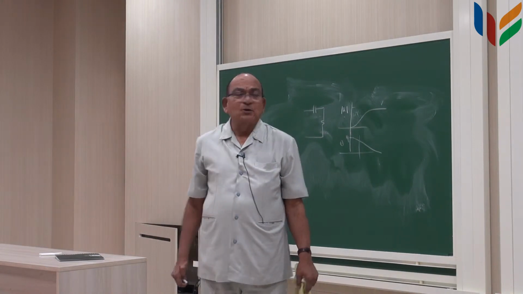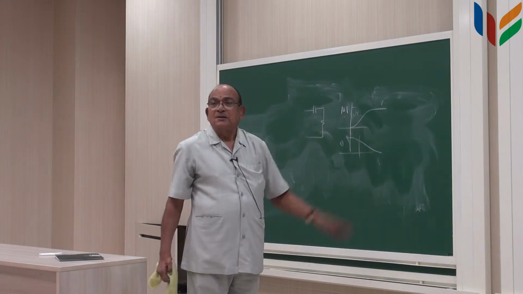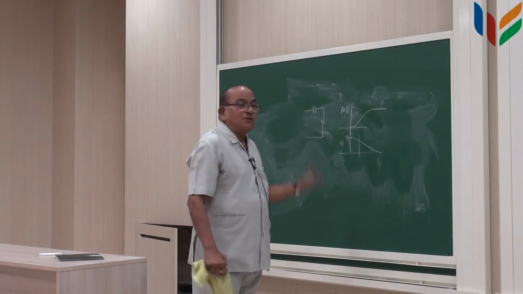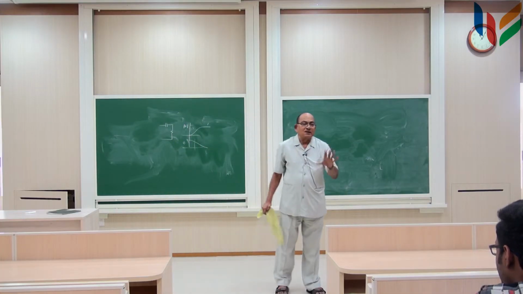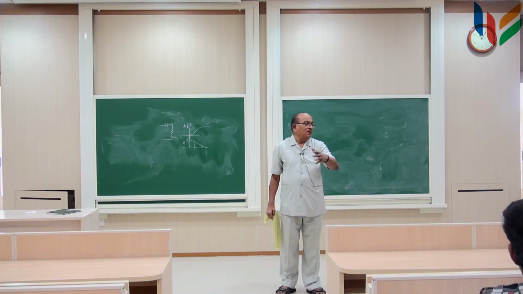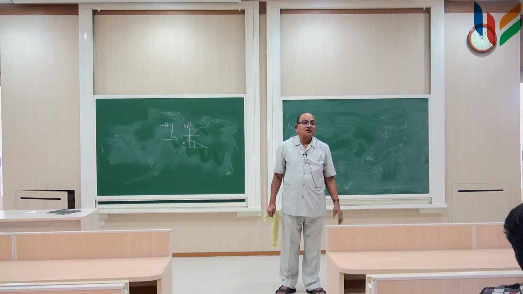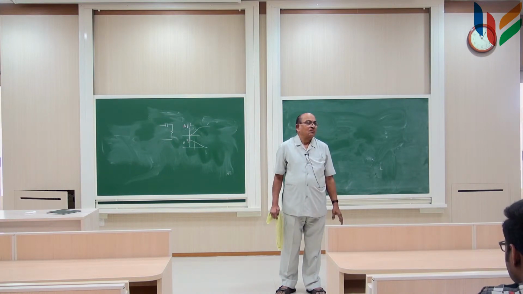So, people have chosen 3 sections like this in cascade, so that the overall phase shift obtained by the beta network is equal to 180 degrees. Then the amplifier provides the remaining 180 degrees, so that the loop gain is equal to 1, right. Loop gain must have angle 0.